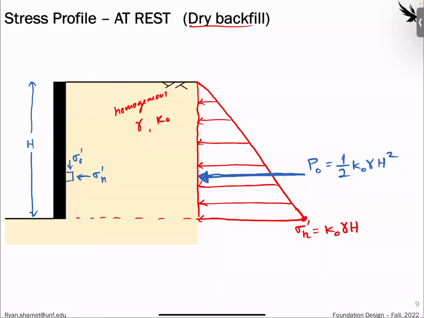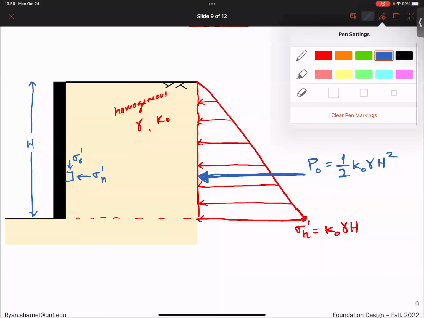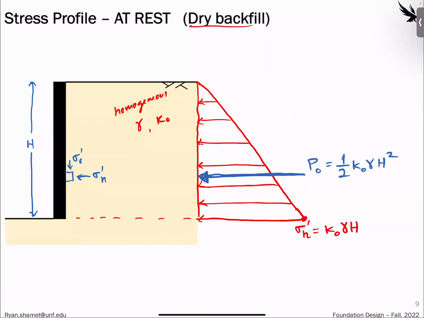I showed these before, but just to define some of them, the ways of estimating the K0 value that we used: Jaky, I don't know how you pronounce this, maybe Yakis, because I don't think his name is Jakey. This is from 1944.